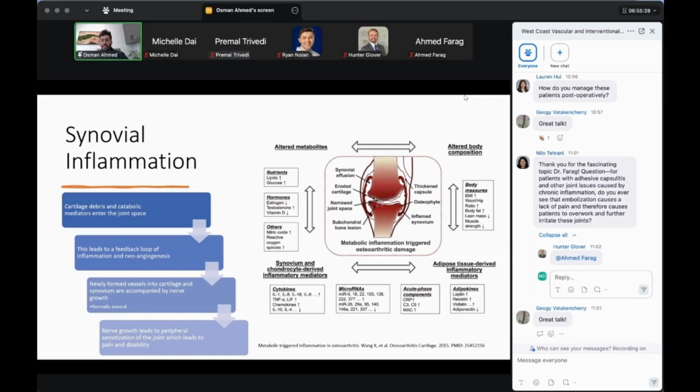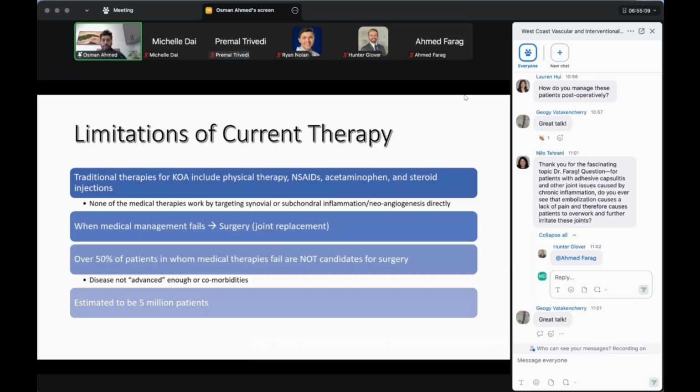Then inflammation occurs, new blood vessels grow into the joint, and they start bringing nerves with them. And this is an area that typically doesn't have nerves. So now you're making an aneural space sensitized, and that leads to pain and disability associated with that pain.